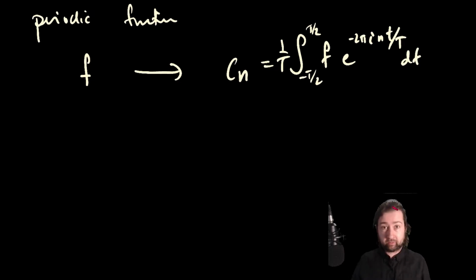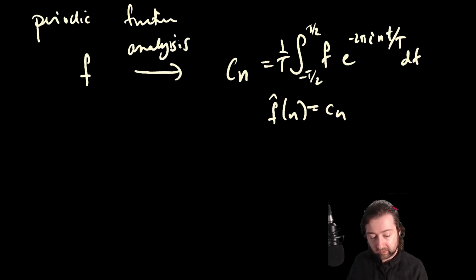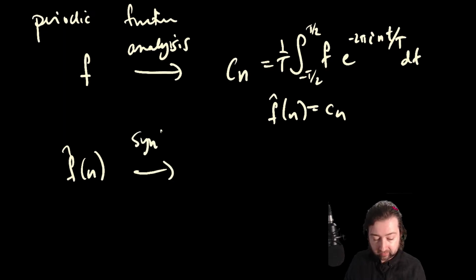I can compute them all, and that gives me a function f hat of n equal to Cn. It's easy to go backwards. This is called analysis. If I start with f hat of n, I can always put f back together again. This is called synthesis, by taking the right harmonics and multiplying them by f hat of n.